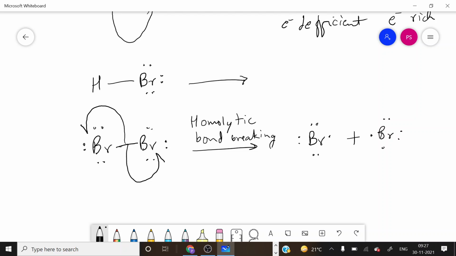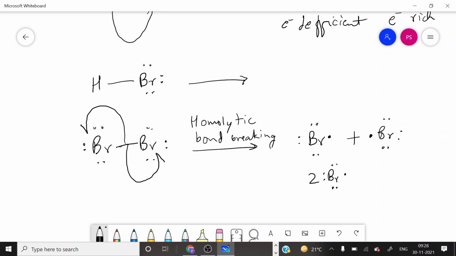You can see three lone pairs remain as they are and the seventh electron is here on each bromine atom, thereby getting two bromine free radicals. You can write it like this, 2 times Br dot, or you can simply write Br dot plus Br dot. Dot means a single unpaired electron is there on the bromine atom.